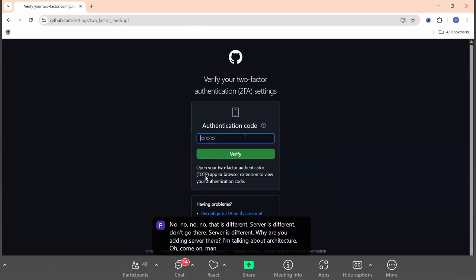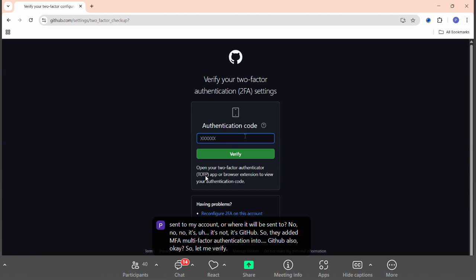Code will be sent to my account, or where will it be sent? No, it's GitHub. They added MFA, multi-factor authentication, into GitHub also. Okay, let me verify.